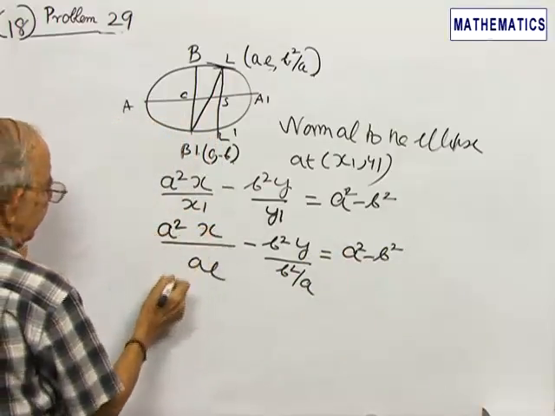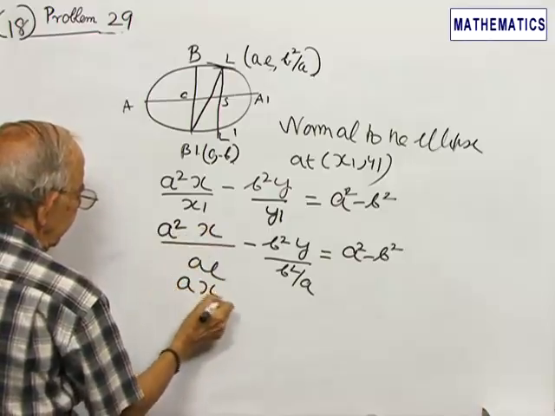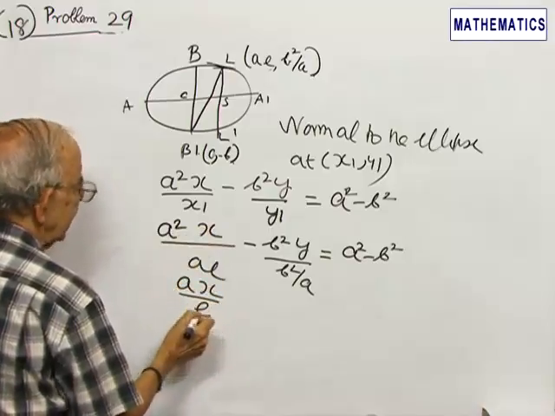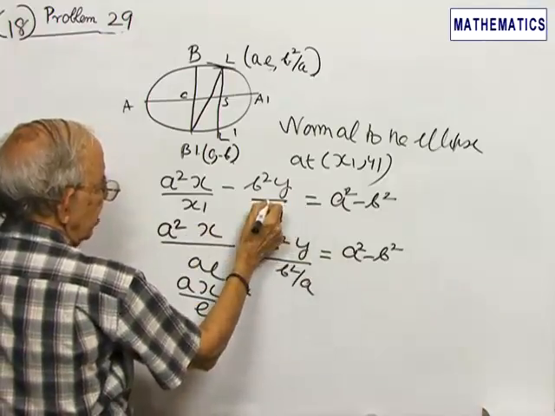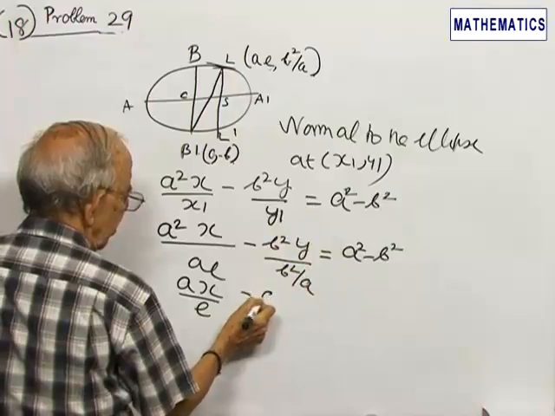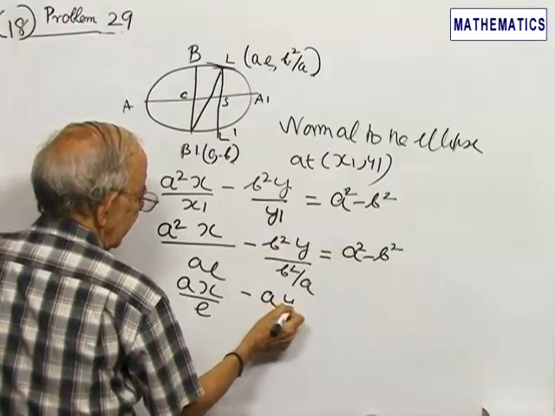So a gets cancelled here, ax by e. b squared gets cancelled, a goes to the numerator, ay.